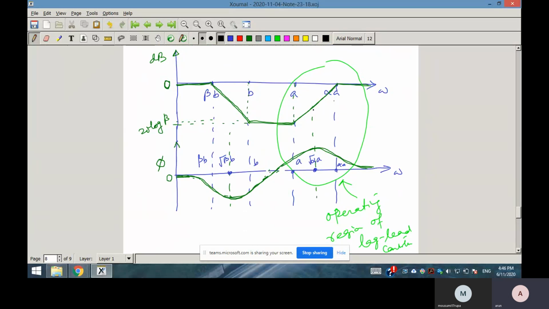For practical systems, this may be needed when we want to trade off the performance obtainable by lag and lead controllers.